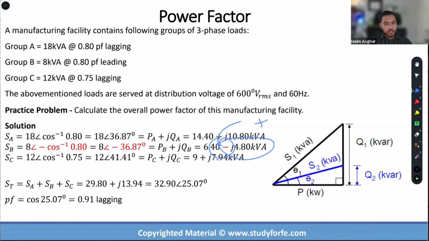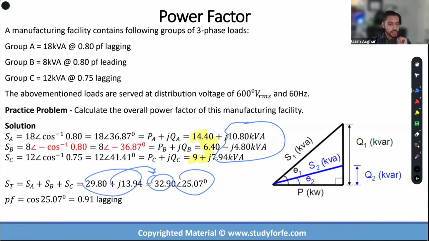Now you collect all the real components together. This guy, this guy, this guy, and then you collect all the imaginary components together carefully, and that's what you end up with. You convert this from the rectangular form to the polar form. This is a magnitude, this is a phase angle.